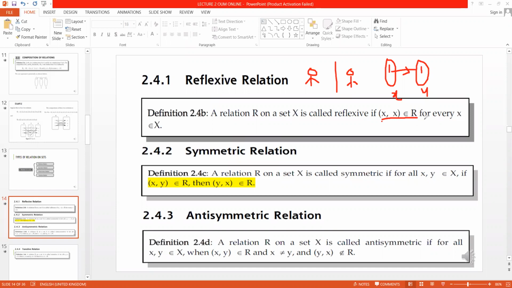Good. Then the next one is symmetry. Symmetric means you divide it and you get 2 equal halves. Let me use a very basic example. I have this line. I have X here, I have Y here. I even want to use numbers, 1 and 2 here.